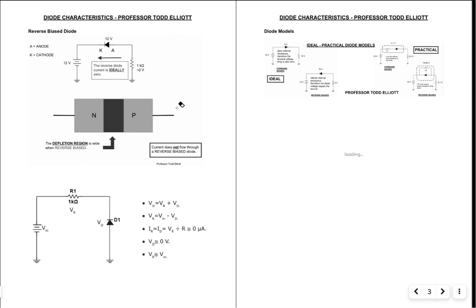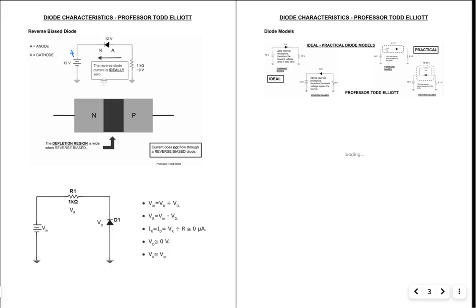Okay, reverse bias diode. So I've simply turned the diode around. So the cathode terminal is facing the positive terminal on the battery.